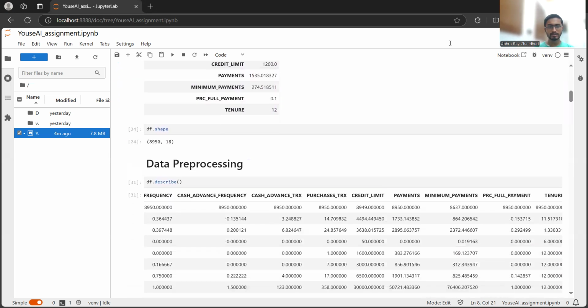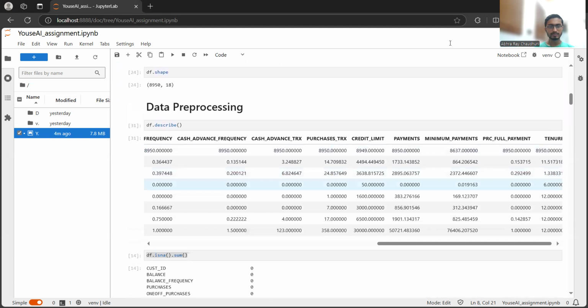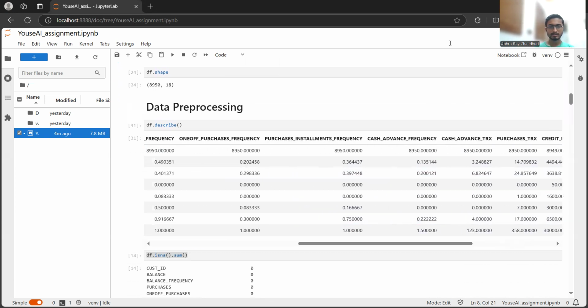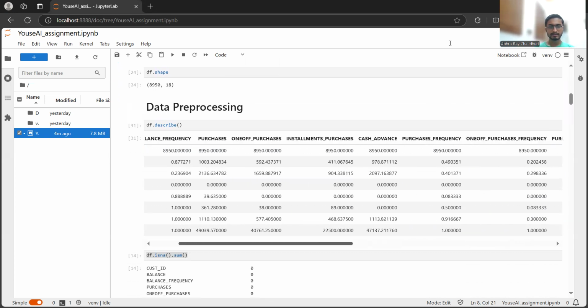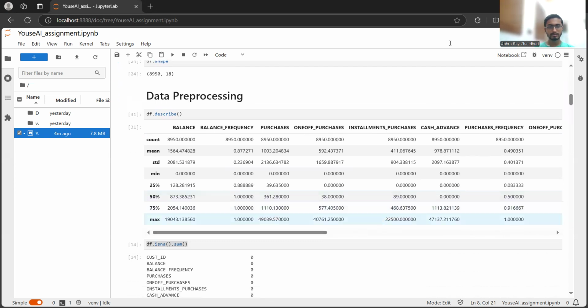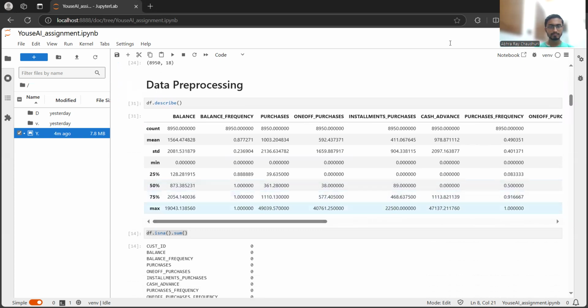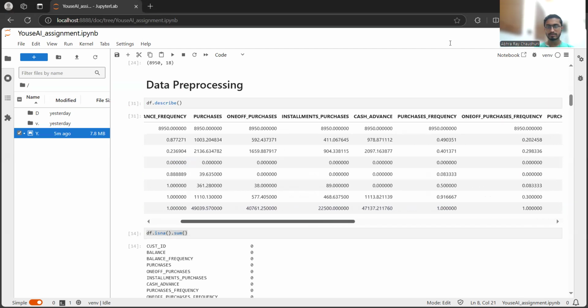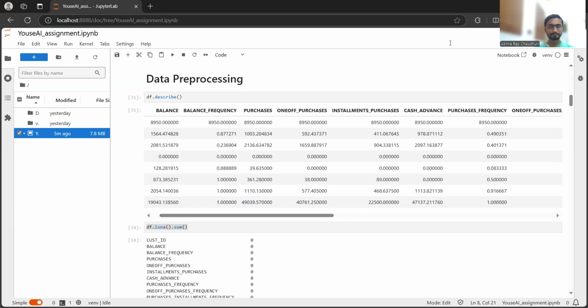So we start with the data processing. First, we see the different values such as the count, standard deviation, max, and the median values. We find that the max value is much larger than the median values, so there is a chance that there will be outliers in this data set.